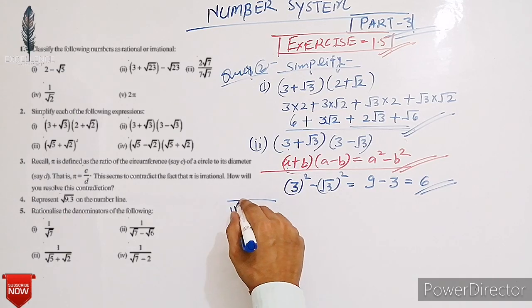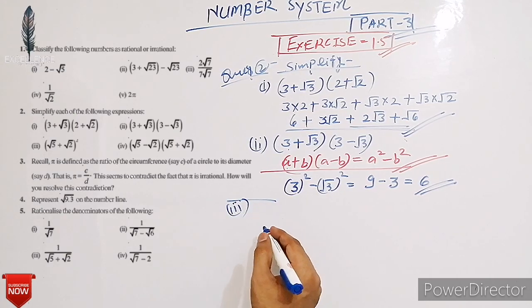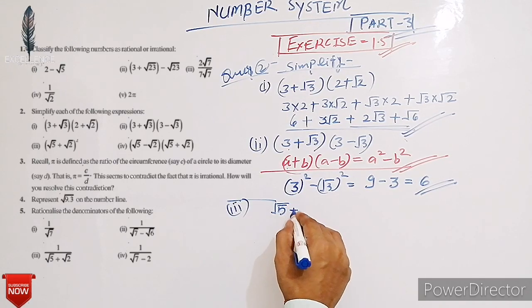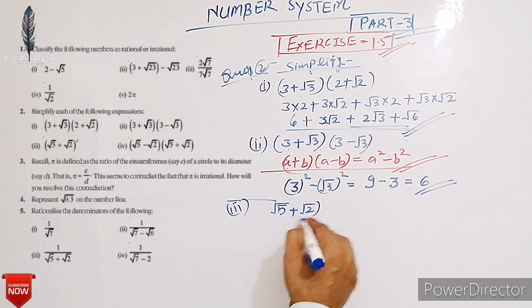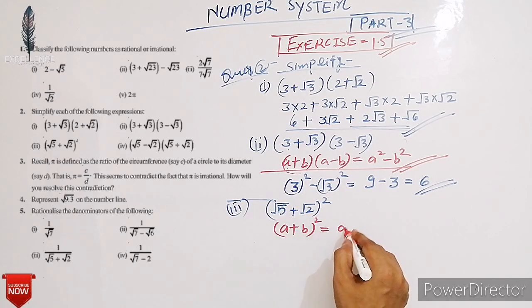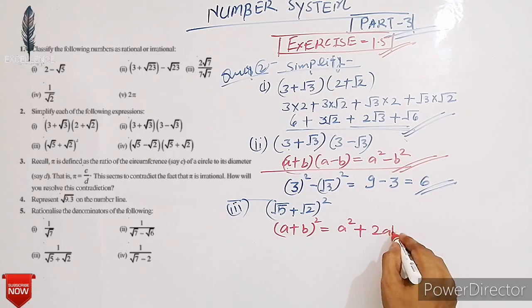now third, under root 5 plus under root 2 whole power 2. यहाँ कौन सी आइडेंटिटी यूज होगी? a plus b whole square is equal to a square plus 2ab plus b square.